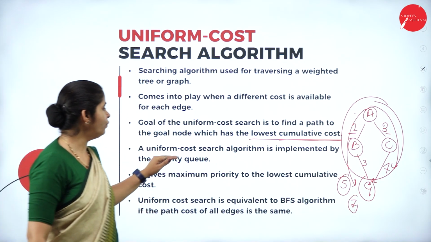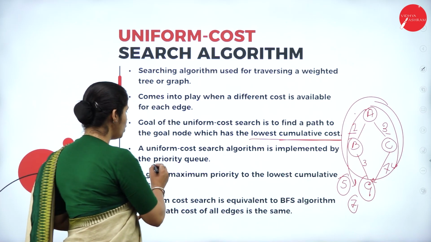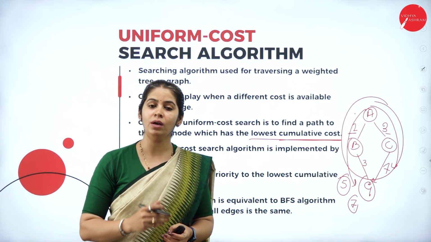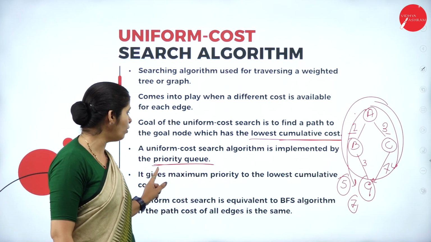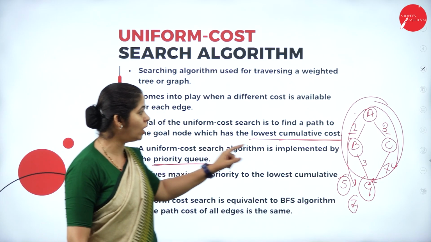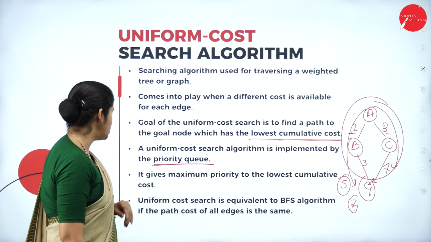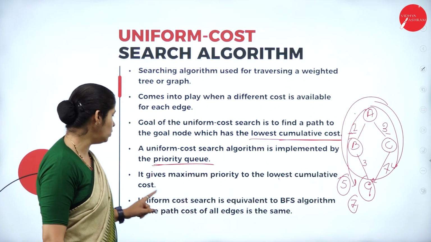Okay. The uniform cost search algorithm is implemented by using what? A priority queue. We are using the queue data structure, that too the priority queue. Why priority queue? Priority is given to the lowest cost first. That's why we call it a priority queue. It gives the maximum priority to the lowest cumulative cost.